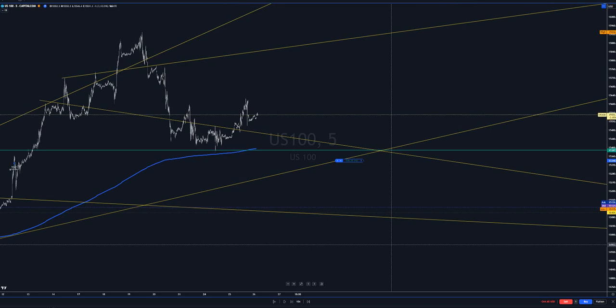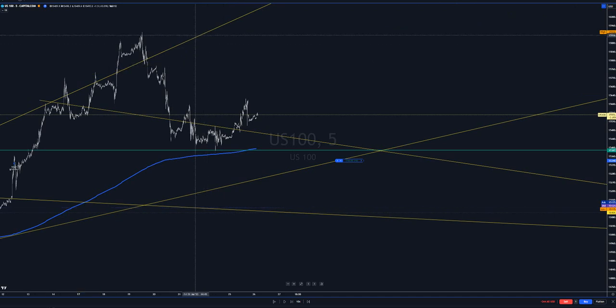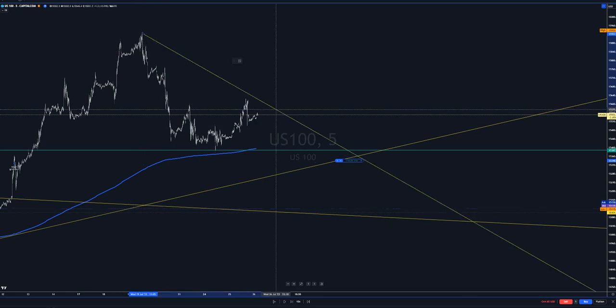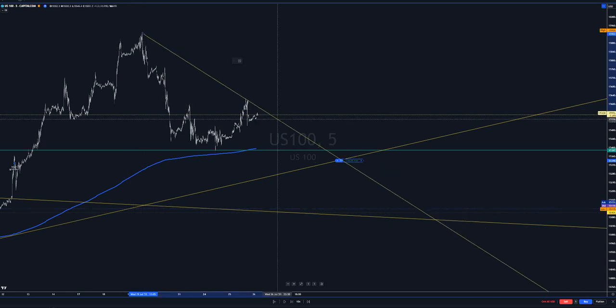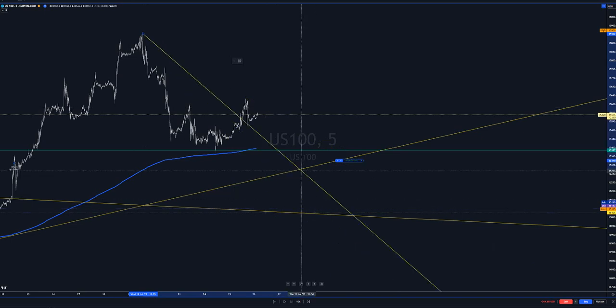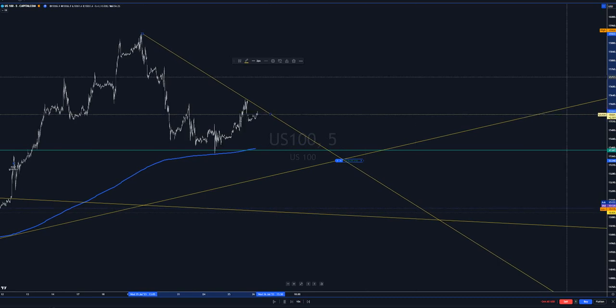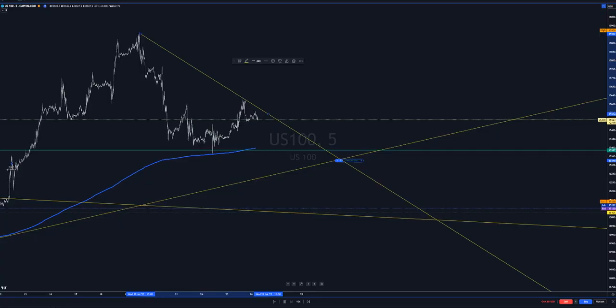So now we can, for example, hide this trend line, and instead we can place this trend line. As soon as the market is outside this area or above the trend line, we have again the same criteria.